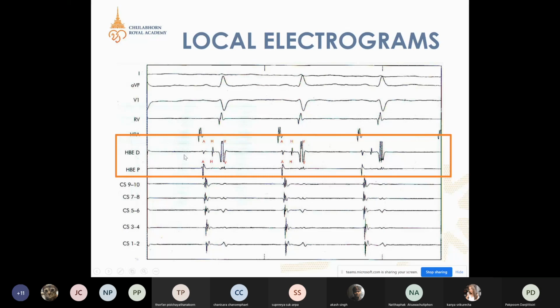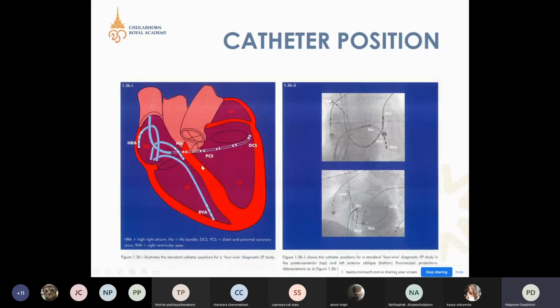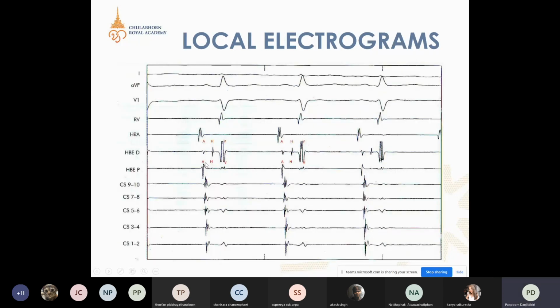On the His bundle catheter, the proximal electrode can see just like the distal one, but because the proximal is often more into the right atrium, the A signal is bigger than the distal one, because the distal one is closer to the ventricle.